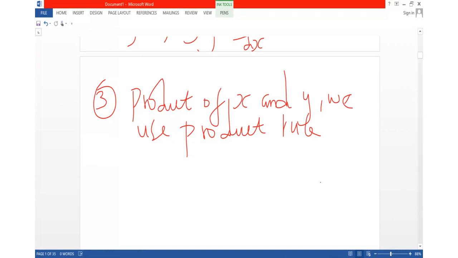Let me demonstrate. Let's say you have xy. Product rule means you can choose whatever you want to start with. For me, let me start with x as my constant, and then I differentiate the y. When you differentiate y, don't use power rule; we said you always get dy dx.